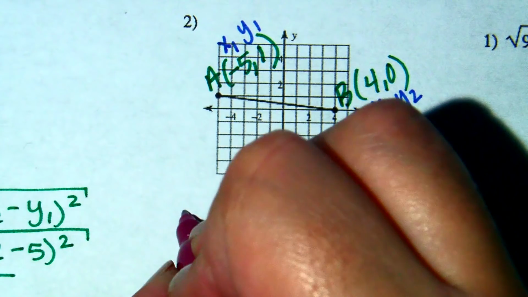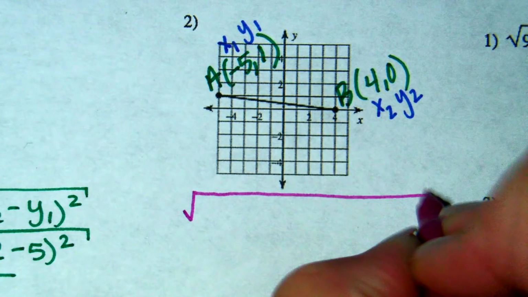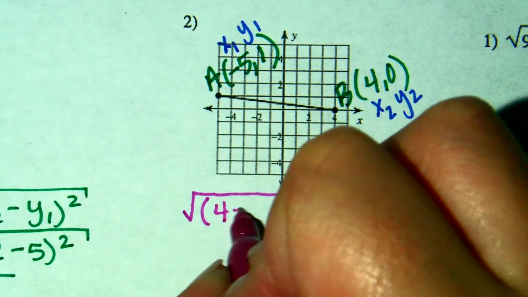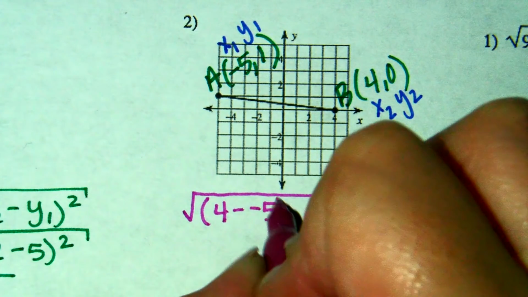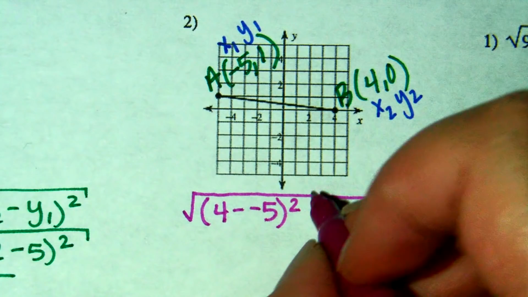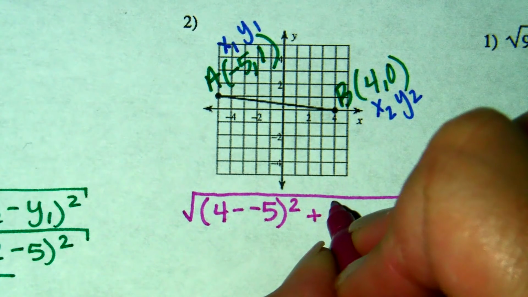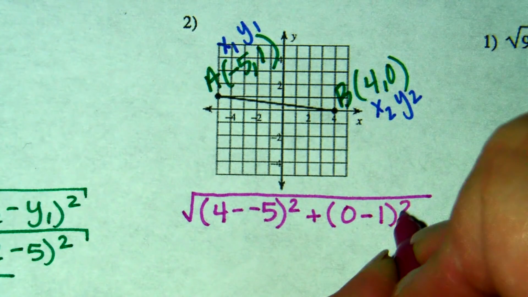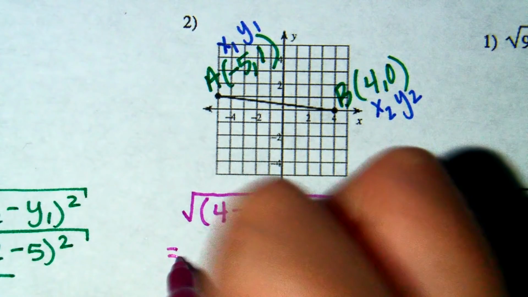So x2 minus x1 squared plus y2 minus y1 squared. Let's simplify.